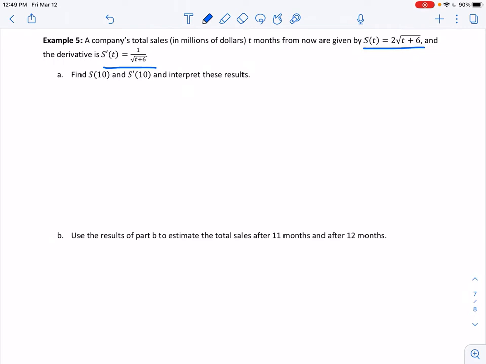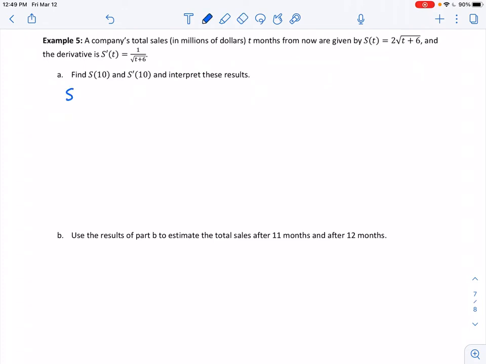So I'm giving you the derivative in this problem because I mostly want to focus on the interpretation of this derivative. Part A asks us to find s of 10 and s prime of 10 and interpret these results. So let's start with s of 10.